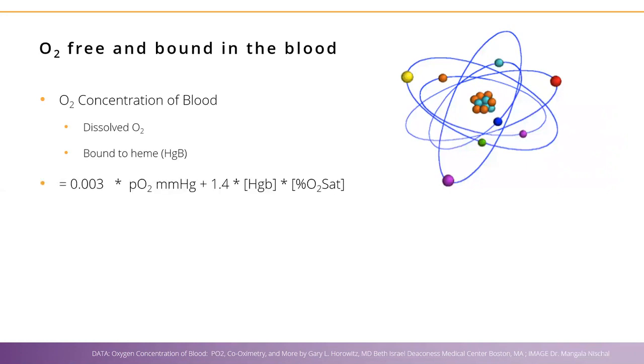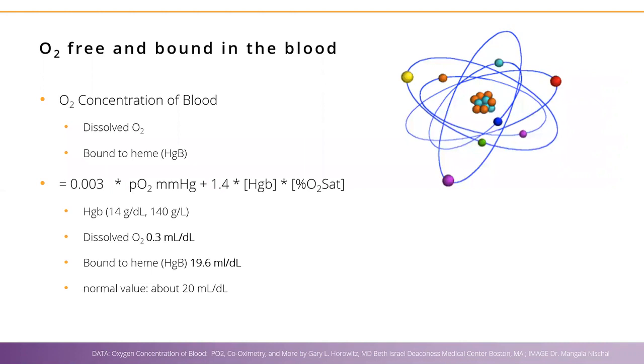This is a formula that I got from a presentation from Gary Horowitz from the Beth Israel Deaconess Medical Center in Boston. And based on a few constants, you can see that the amount of dissolved oxygen in the blood is about 0.3 milliliters per deciliter, while the amount of oxygen bound to the heme on average is 19.6 milliliters per deciliter.